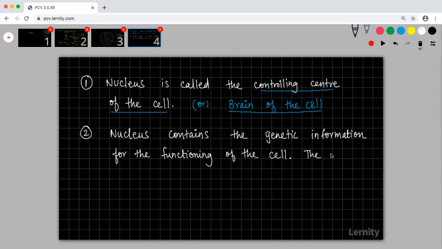The information is present in the form of chromatin fibers.